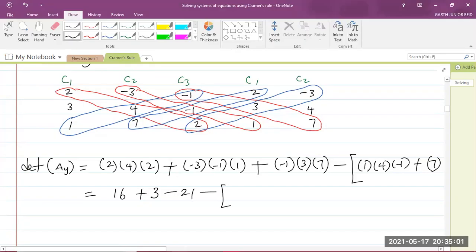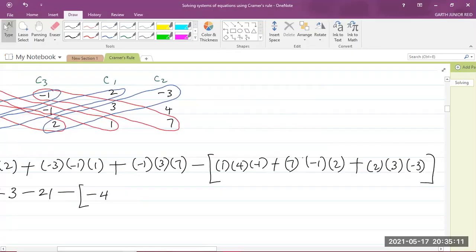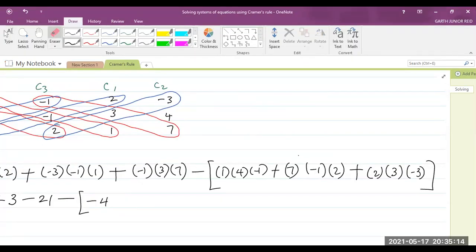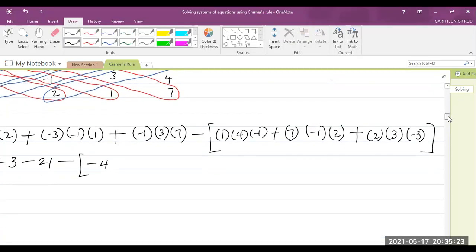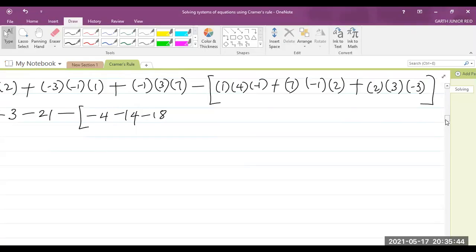Minus 1 times 4 times -1 gives me -4. 7 times -1 times 2 gives me -14. And 2 times 3 times -3 gives me -18. Okay, good. That is what we have.